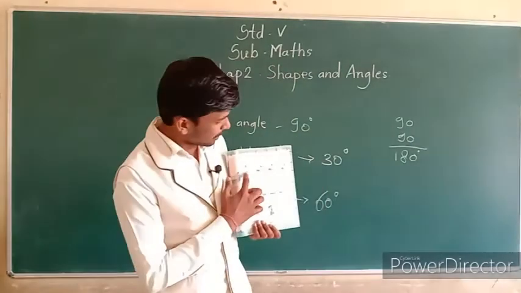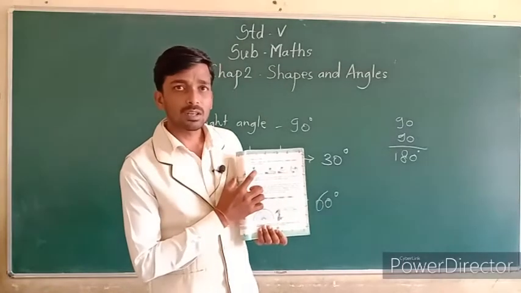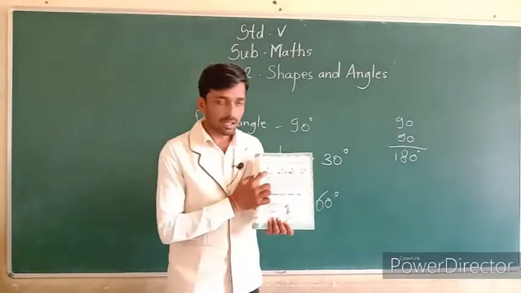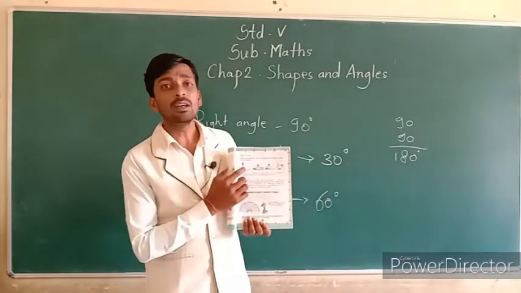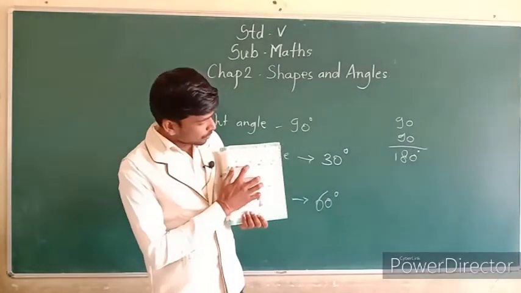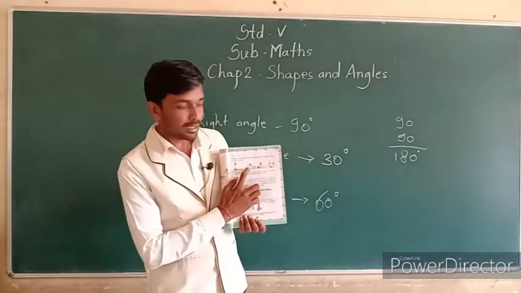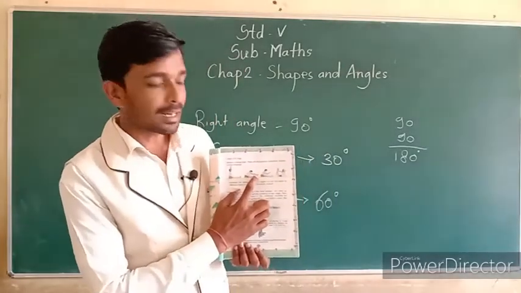See, in that first picture here they show angles by using blue color. See, here there is an angle. Here also there is an angle, acute angle, that is called less than right angle.